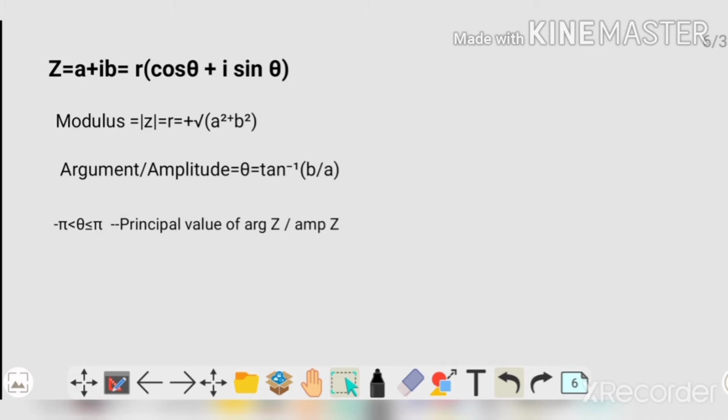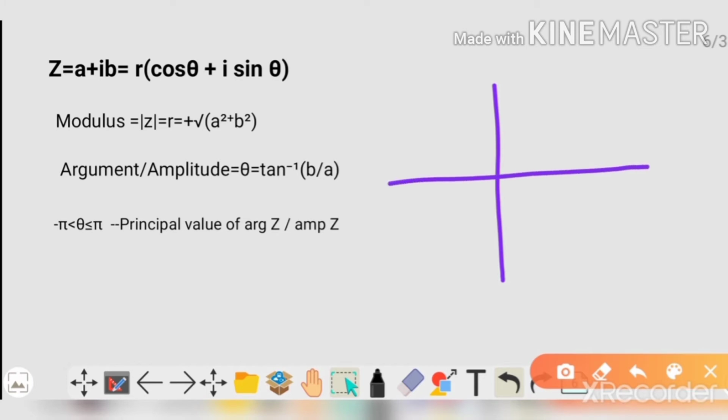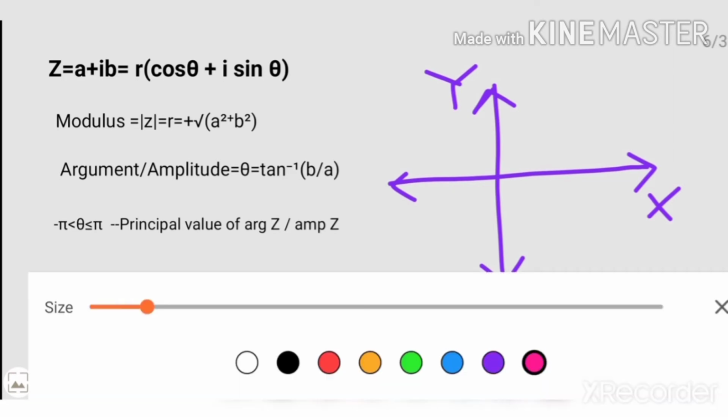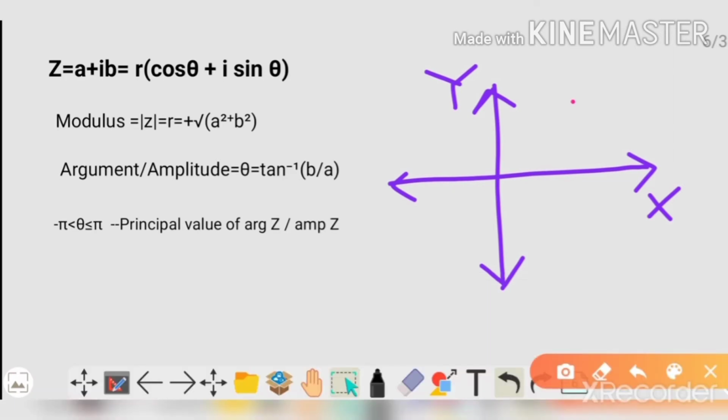Okay. Now we are going to understand argument and amplitude. So for this, again we are going to draw the Argand diagram. X-axis and Y-axis, and we'll put Z here. Okay, now this theta is actually the angle between the x-axis and OZ.